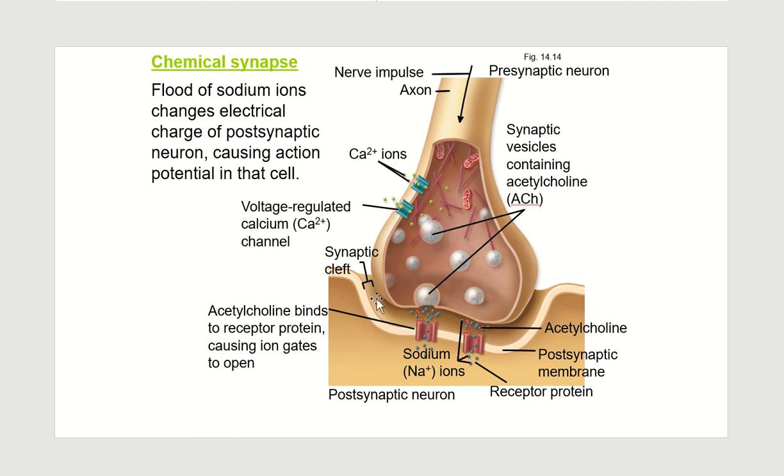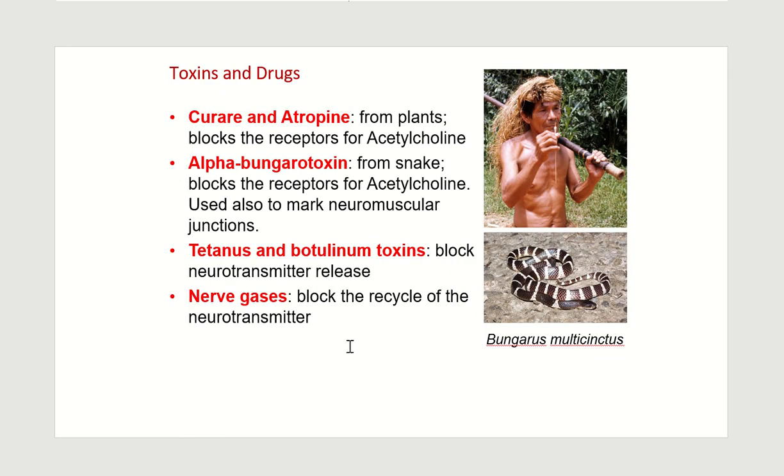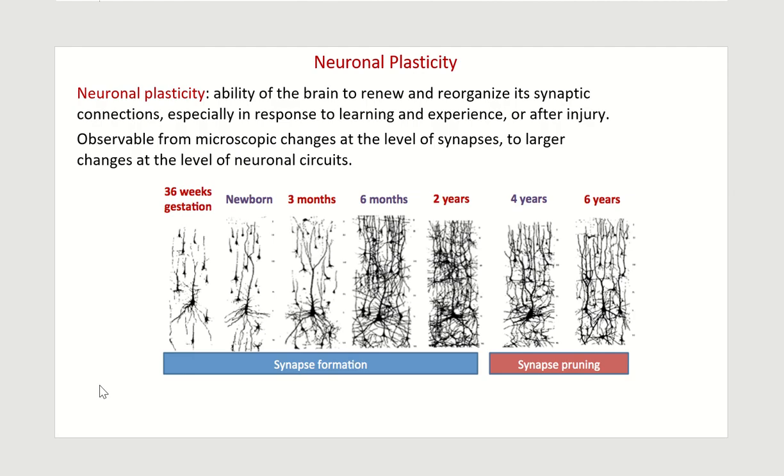There are little pumps along here that take the acetylcholine and pump it back into the synaptic knob. So if you block that action, then the neuron can fire once, but then it can't fire again because it runs out of neurotransmitter. So that's another way that toxins work.